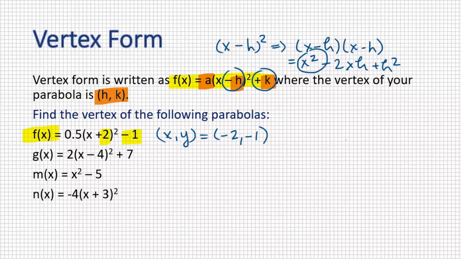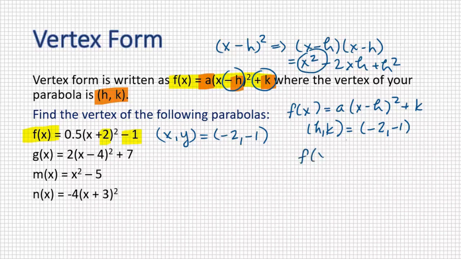The h value is the opposite of what we find in the equation, while the value for k has the same sign. Why does this work? Let's try it by starting with the vertex. If our function is f of x equals a times (x minus h) squared plus k, what happens when we substitute in the values of h and k that we just found? The value of (h, k) in our case was (-2, -1).